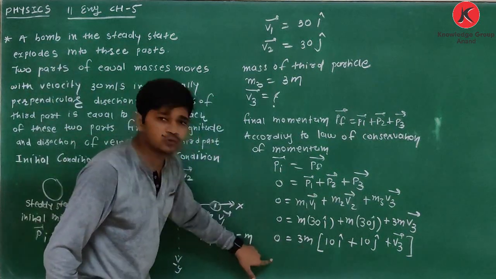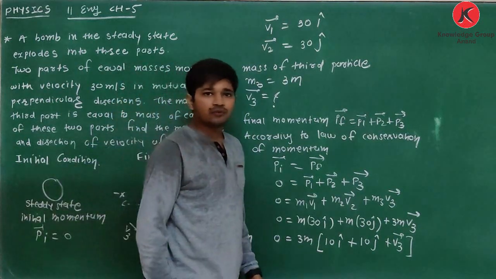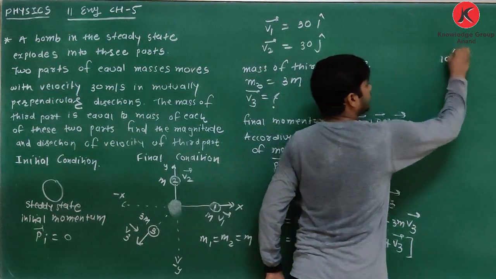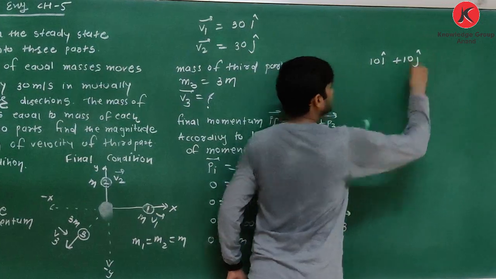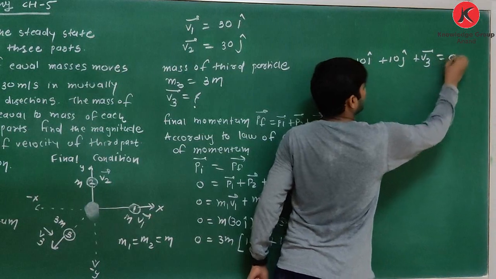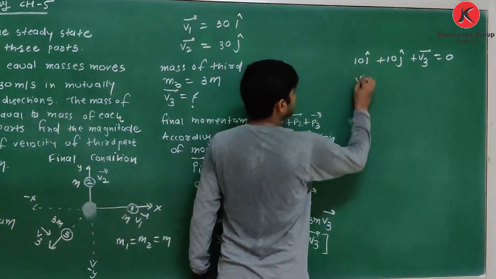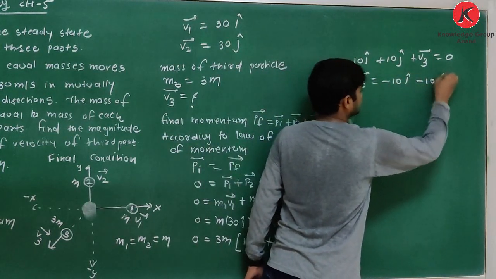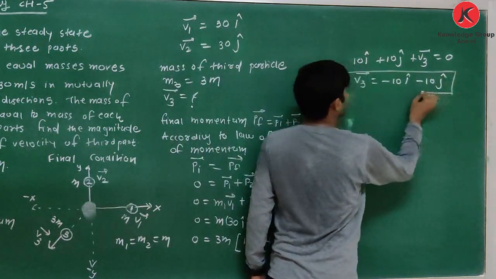Now this 3m, if it moves to the other side, it becomes 0. So we will have 10i plus 10j plus v3 is equal to 0. Now make v3 the subject. Then v3 is equal to minus 10i minus 10j. Clear? So this is the velocity vector v3.